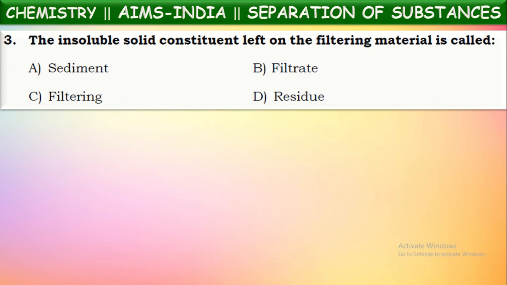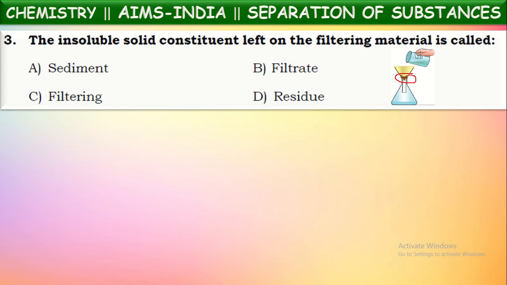The insoluble solid constituent left on the filtering material is called. Yes, that question is also given here. What is that solid substance remaining in the filter paper called? It is called residue. Of course, that filtering material may not always be a filter paper only.